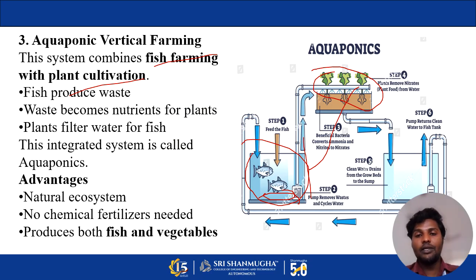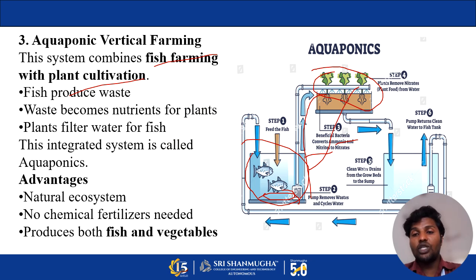Then it is applied to the plant growing tank, where beneficial bacteria convert the ammonia into nitrates. Nitrates are the best form of nitrogen for plant growth, so the plant can absorb nitrogen from the nitrates.